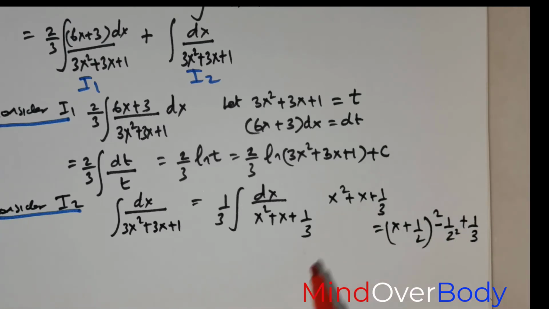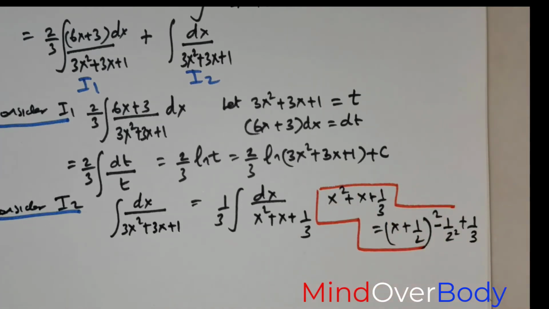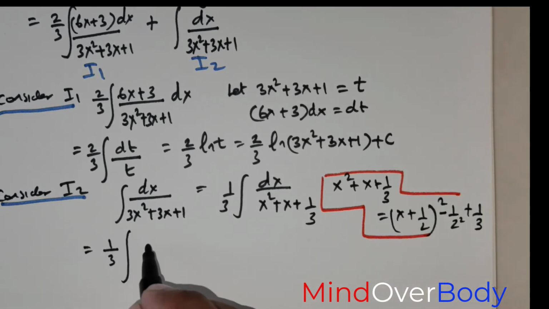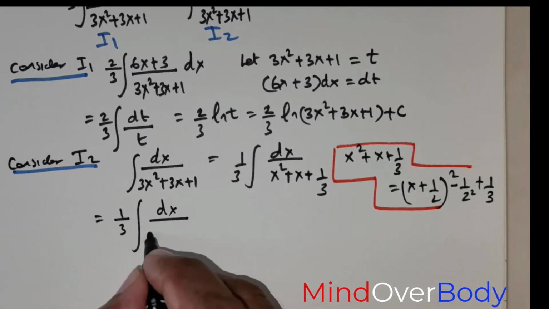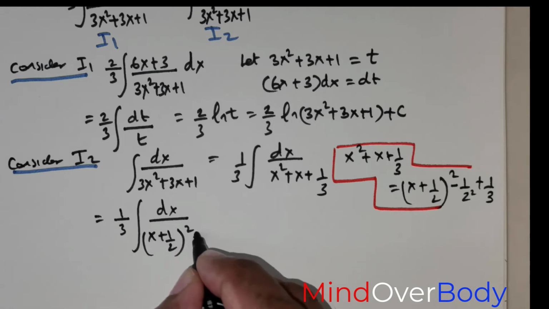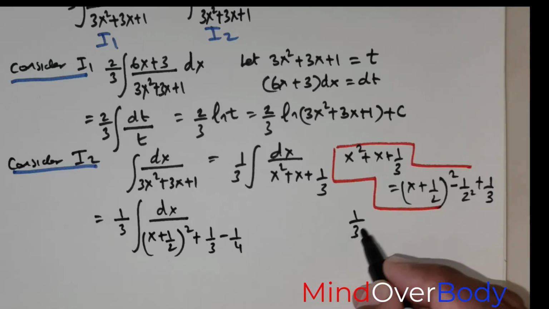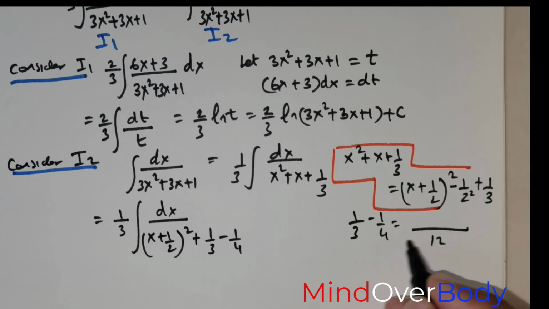So this is what we have used in one of the questions. So using that, this is rewritten as 1 over 3 integral dx over (x + 1 over 2) raised to the power of 2. I have a 1 over 3 and a 1 over 4. So let's check it out. What happens, 1 over 3 - 1 over 4. LCM is 12.